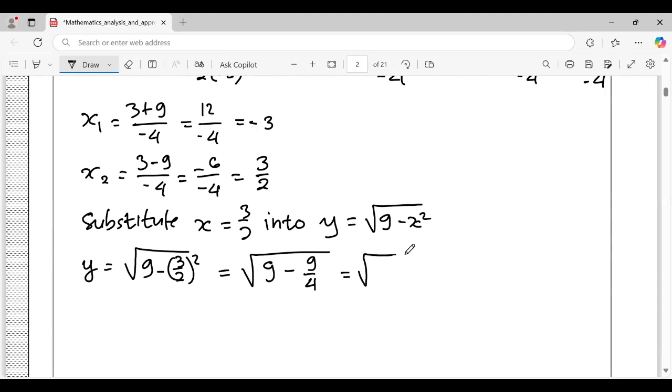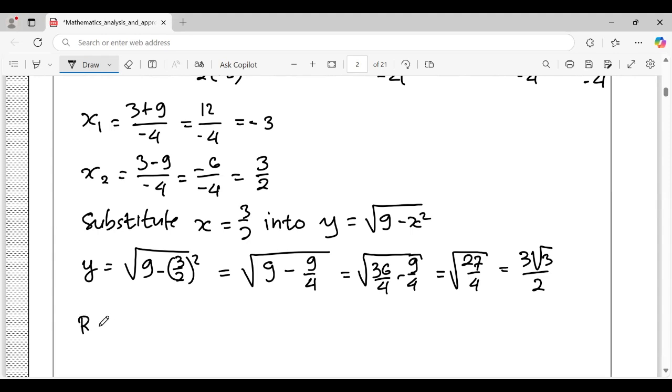It is 36 over 4 minus 9 over 4, and square root 27 over 4, or 3 square root 3 over 2. So y equals 3 square root 3 over 2.